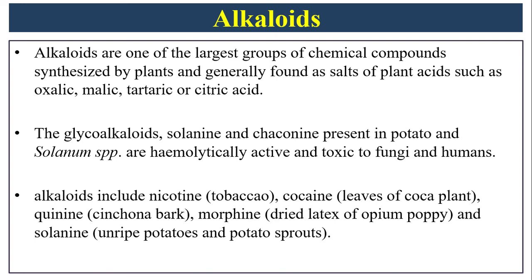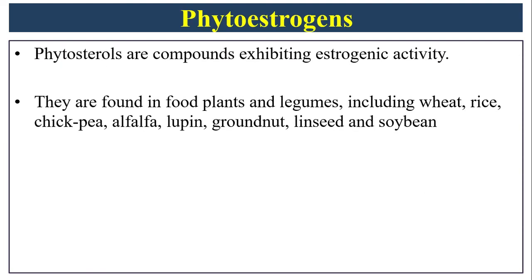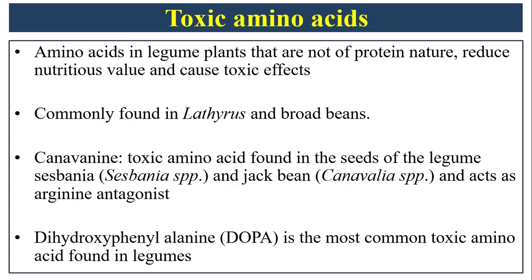Alkaloids include nicotine, cocaine, quinine, morphine, and solanine. Phytoestrogens. Phytoestrogens are compounds exhibiting estrogenic activity. They are found in food plants and legumes, including wheat, rice, chickpea, alfalfa, lupin, groundnut, linseed, and soybean.